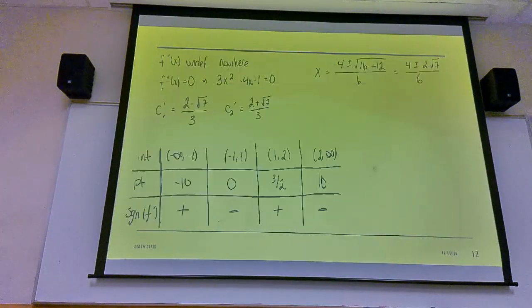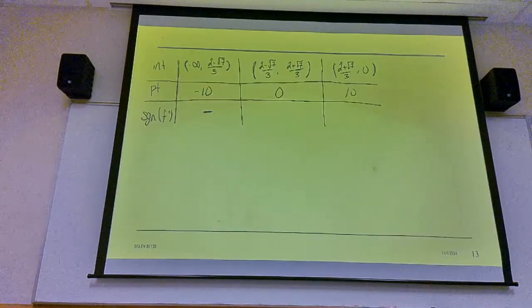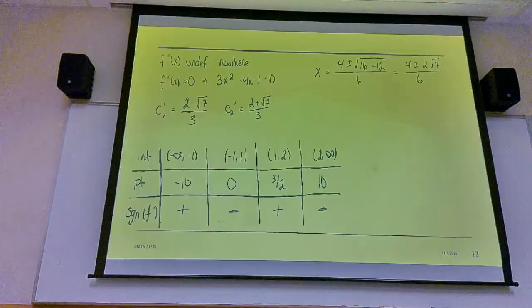It's negative. At 0, clearly positive. And then at 10, negative again.